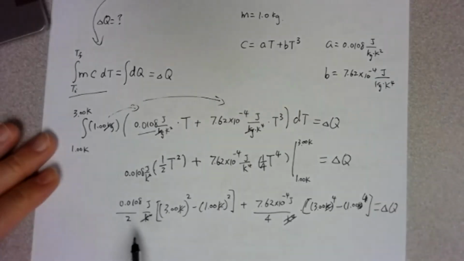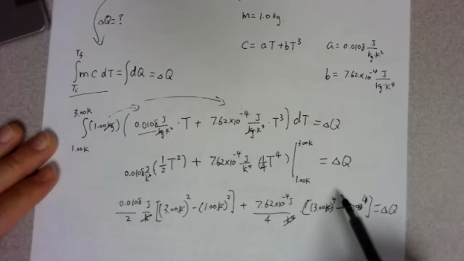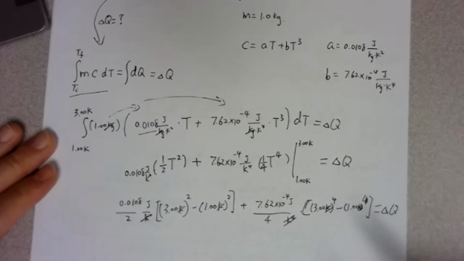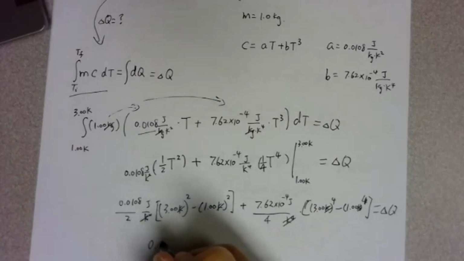At this point, you can plug the numbers into your calculator: 0.0108 over 2 times parentheses 3 squared minus 1 squared, plus 7.62 times 10 to the minus 4 over 4 times 3 to the fourth minus 1 to the fourth. The result would be 0.0584 joules.